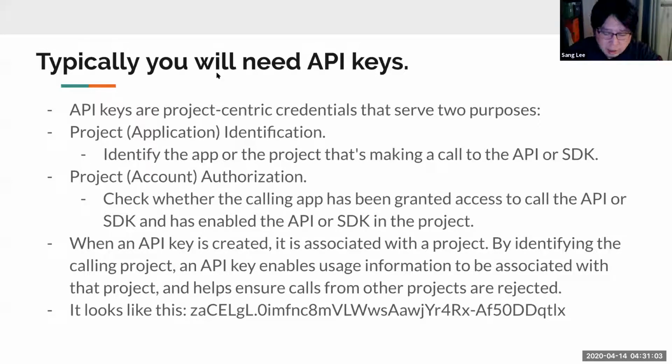So these days, mostly, not necessarily all the APIs, but mostly, a user needs to create an API key in their developer console. And the API key is typically tied to one application or one project, not necessarily to one individual account.